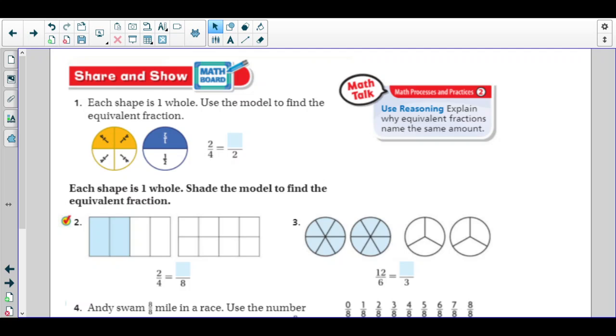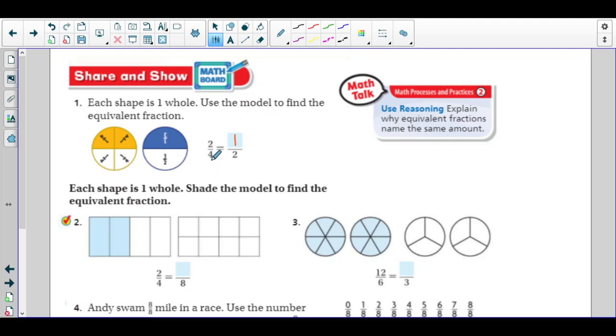All right, let's see how you did here on the show and share. Each shape is one whole. Use the model to find the equivalent fraction. So if we had 1/4, 2/4, that is the same as 1/2.